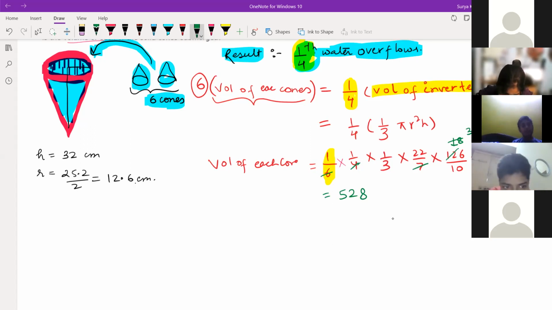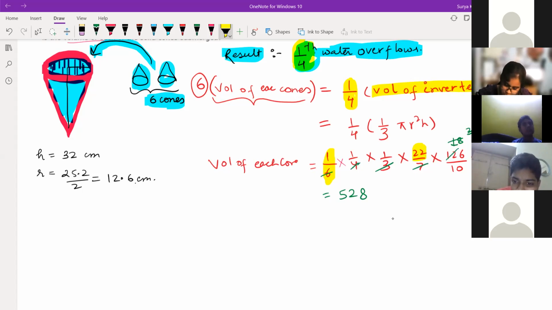Sir, you can cancel that 3. This 3 and this 3 get cancelled, right? Acha, here we are seeing only 126, right? One minute. So what we have to multiply here? 22 into 126 into 8, right?